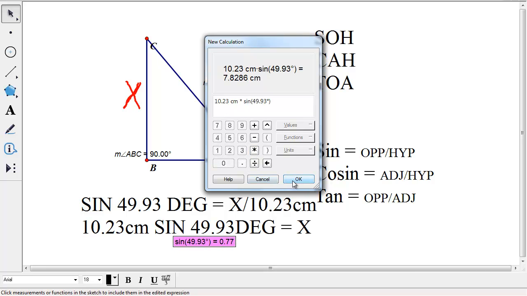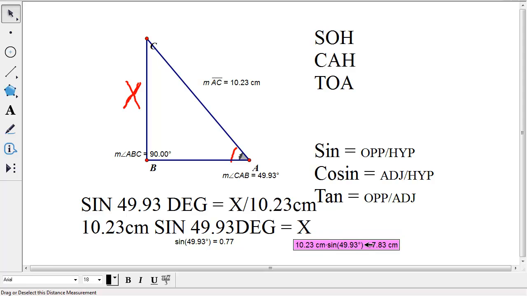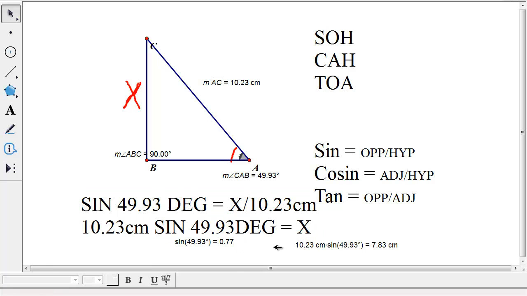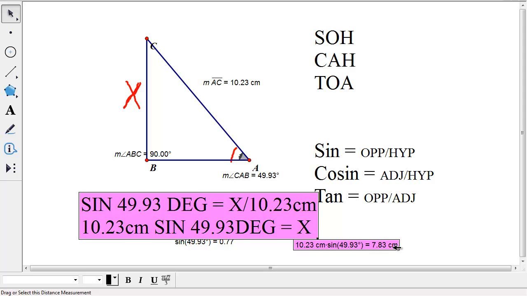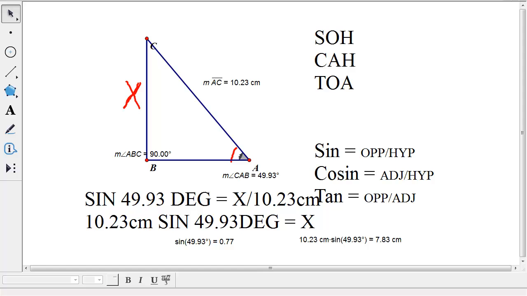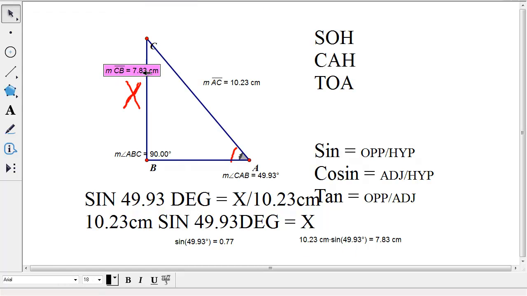That equals 7.83 centimeters, so that goes for X. So 10.23 times 0.77 equals X. X should be 7.83 centimeters, so I'll just measure this, and it is 7.83 centimeters.